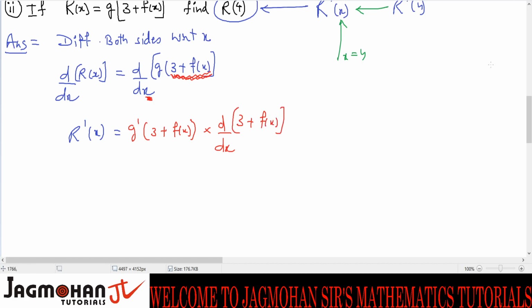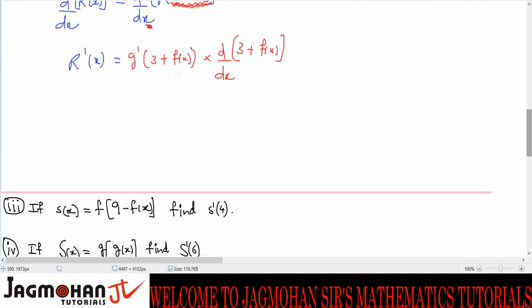Okay, so what will this become? This will be g dash 3 plus f of x into, now you differentiate 3 in a bracket, you will differentiate 3 which is 0, plus you will differentiate f of x which is f dash x. Okay, after this what you do is you substitute x equals to 4 as you needed r dash 4.